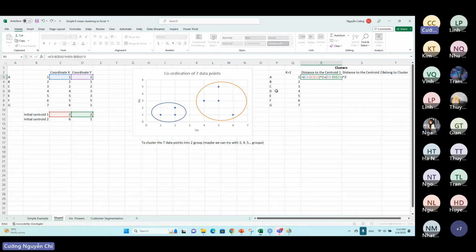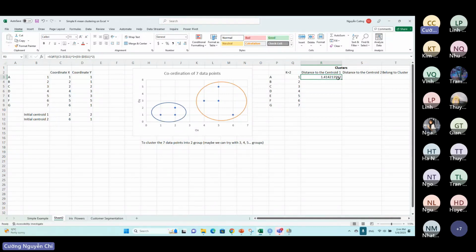Of course, it will be squared, so we have to use the square root at the end.